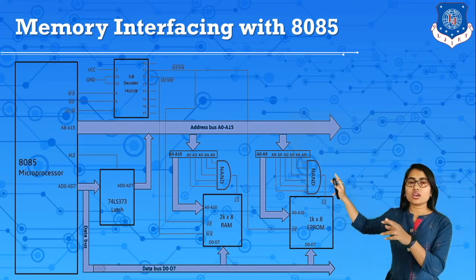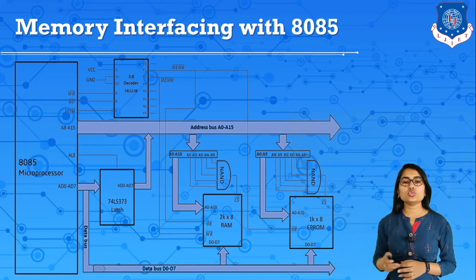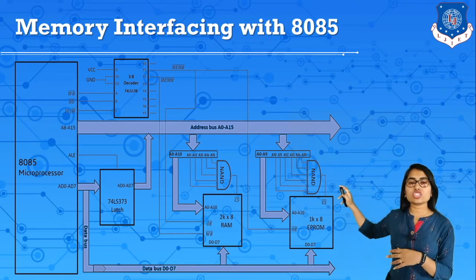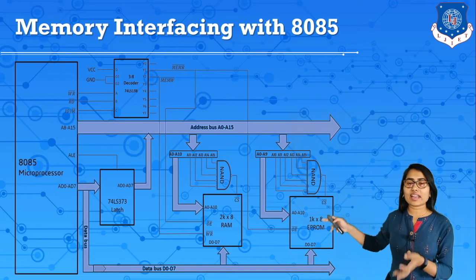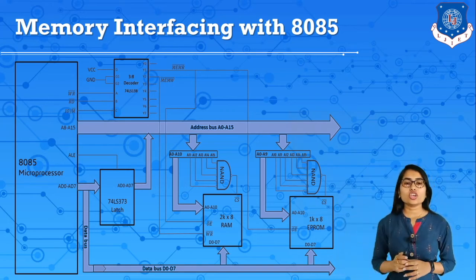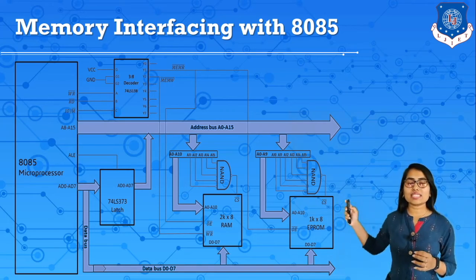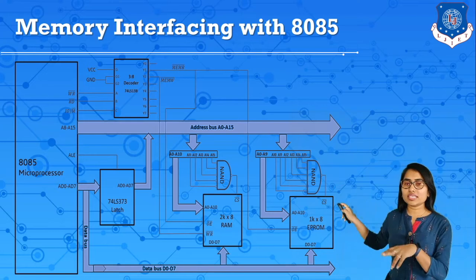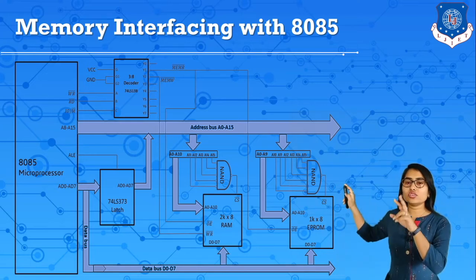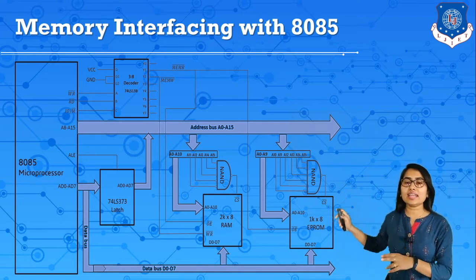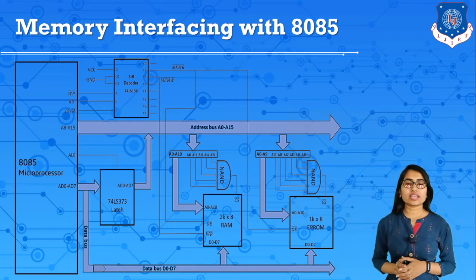Here a NAND gate is used, and using this NAND gate logic, whenever CS bar is equal to 0, either RAM or EEPROM is selected. Here one bubble is used. Whenever any of the lines are 1, it indicates those lines are selected.